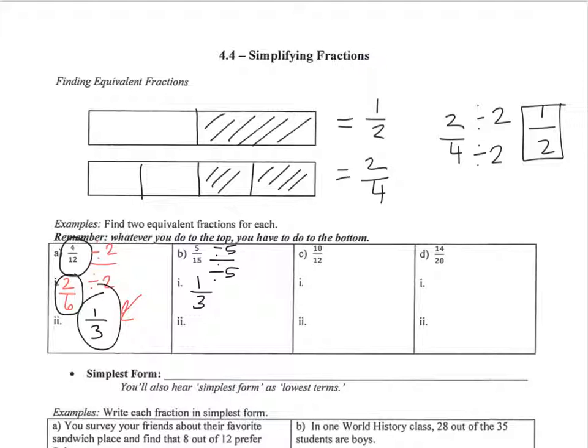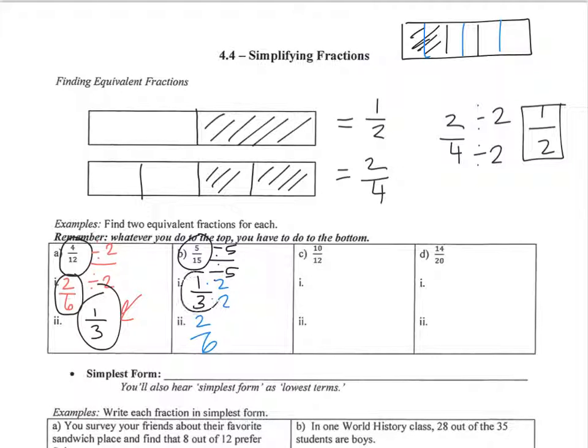Another fraction that is like 1/3: if this is 1/3 up here at the top, another fraction would be cutting it into 6. So 2/6 is the same thing because I multiplied the top and the bottom by 2. So all three of these, 5/15, 1/3, and 2/6, are equivalent fractions. The one in simplest form is 1/3.